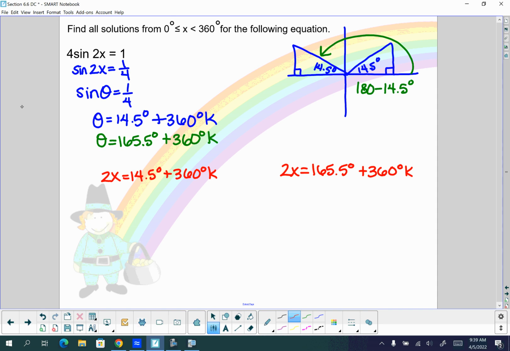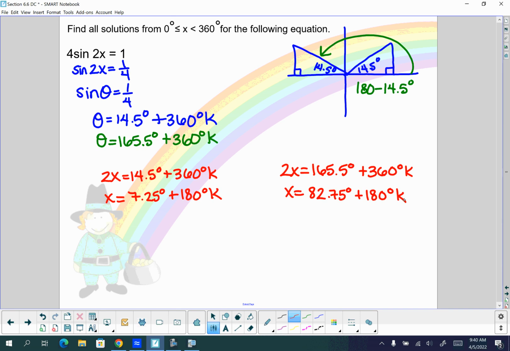So 14.5 divided by 2, or times 1/2, gives me 7.25 plus 180k. And then if I do 165.5 divided by 2, I get 82.75 plus 180k. So those are all of the solutions that exist.